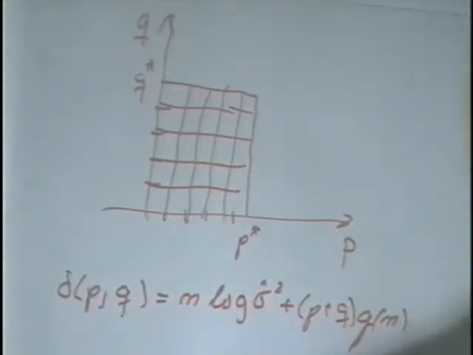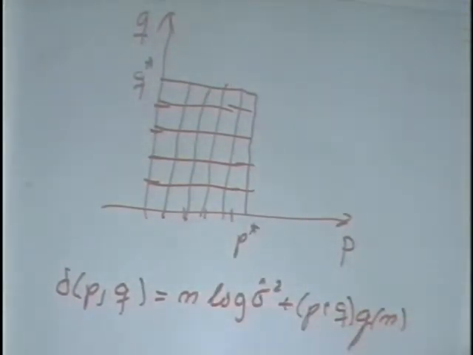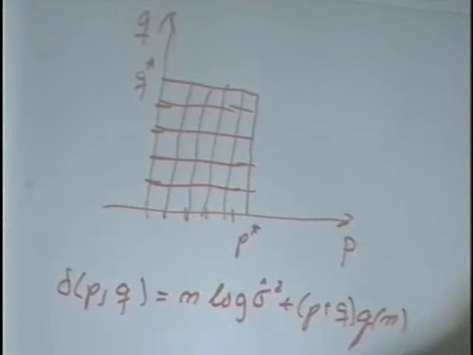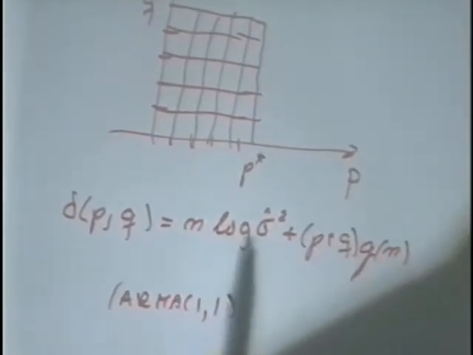There are several problems in this kind of approach, and one is at least the fact that suppose that we have, for example, an ARMA(1,1) situation, where an ARMA(1,1) model has generated the data.